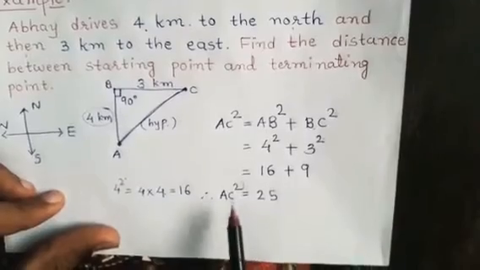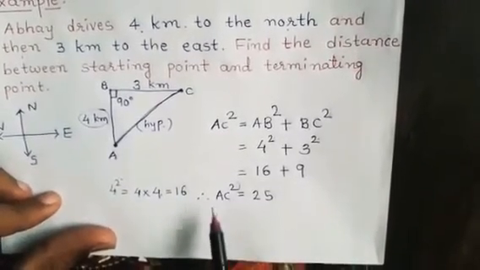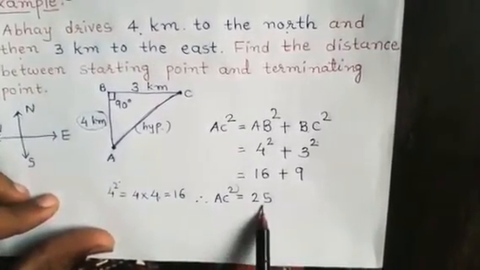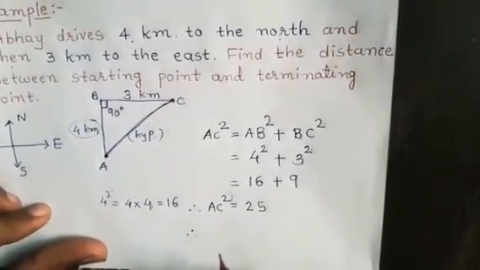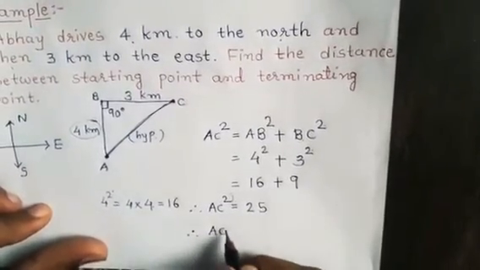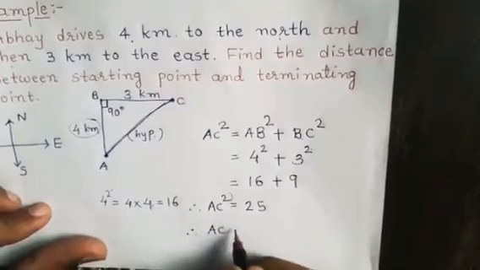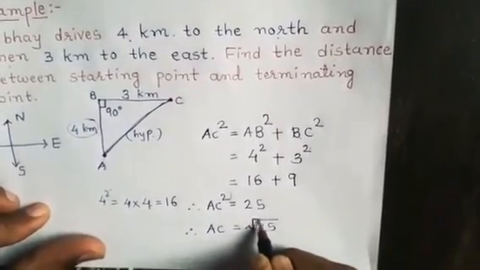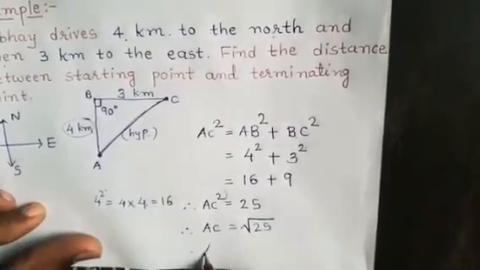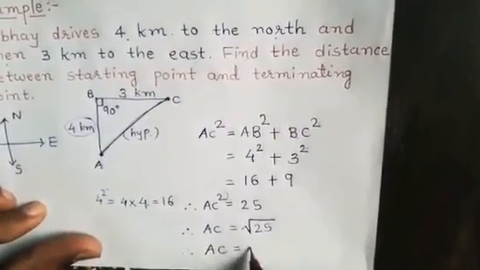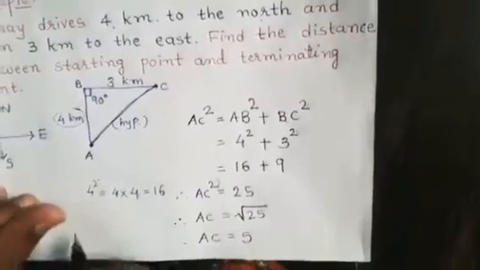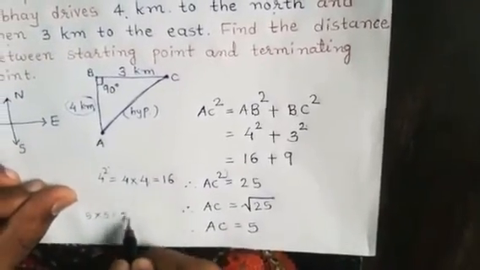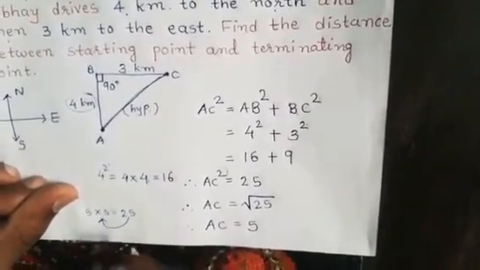And remember this, in mathematics whenever we have to remove the square, we have to take square root on both the sides. So if I take square root, AC square becomes only AC because the square is cancelled, and the square root of 25. This sign is for square root. Now as you all know, the square root of 25 is 5 because 5 fives are 25.